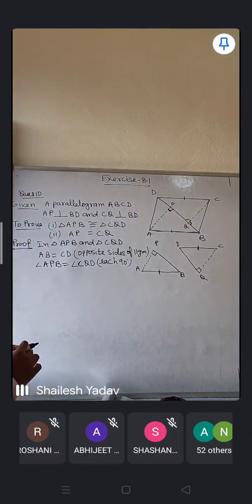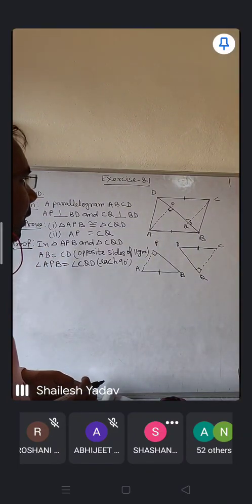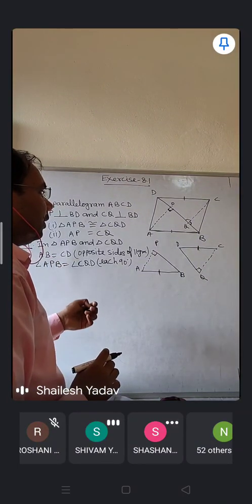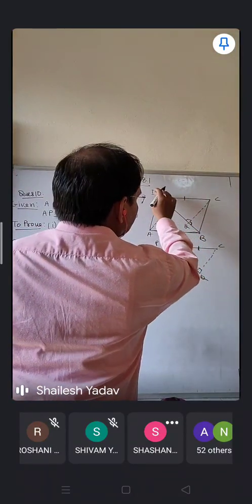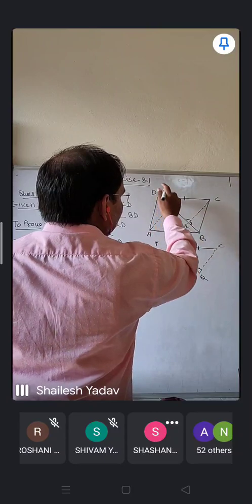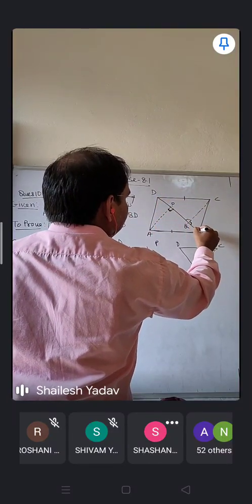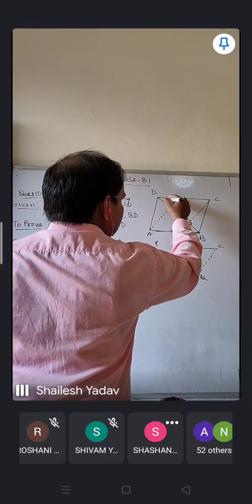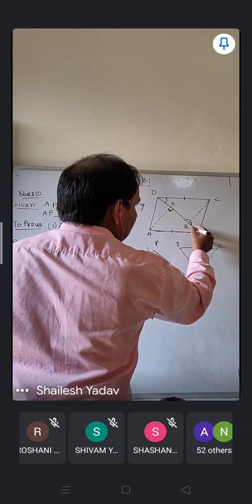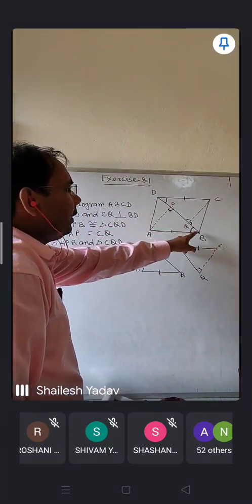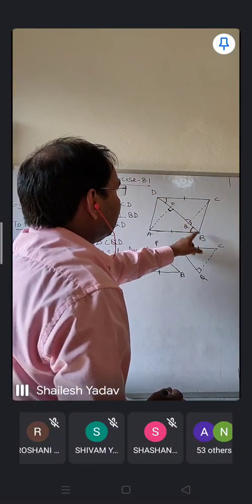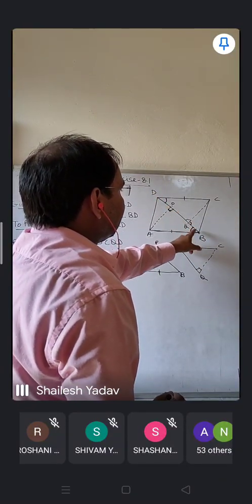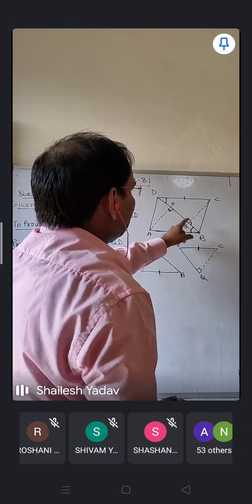Now, anyone who can get the third value, what will be the third value equal? Here it is a parallelogram, and if you join BD, then this angle and this angle are alternate interior angles. In a parallelogram, if you join the diagonal, you get alternate interior angles, so these two will be equal.